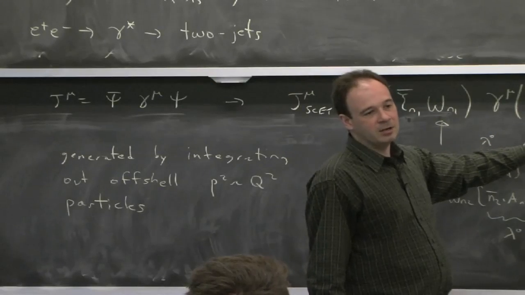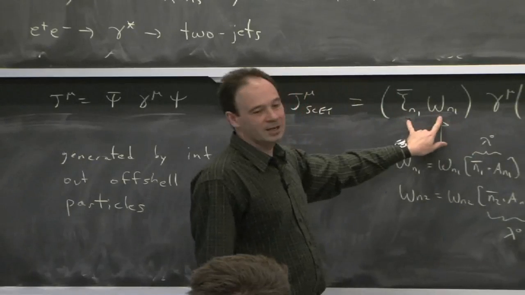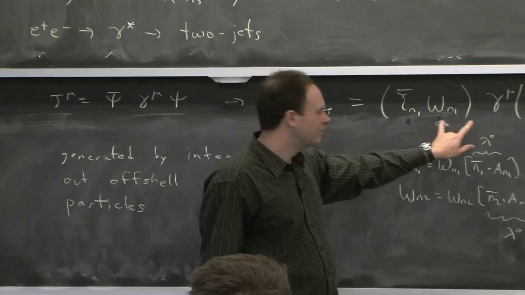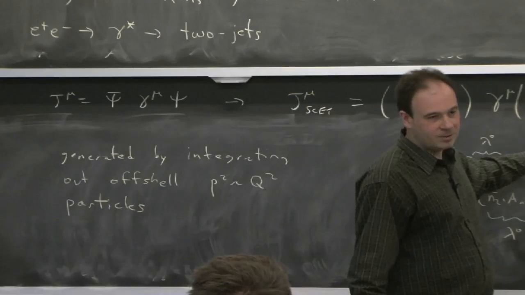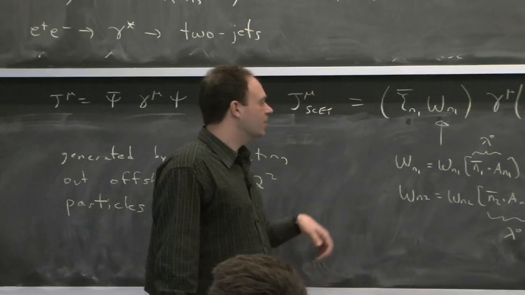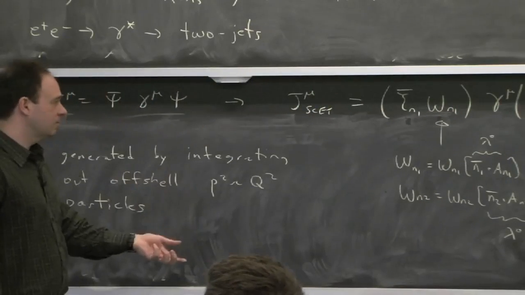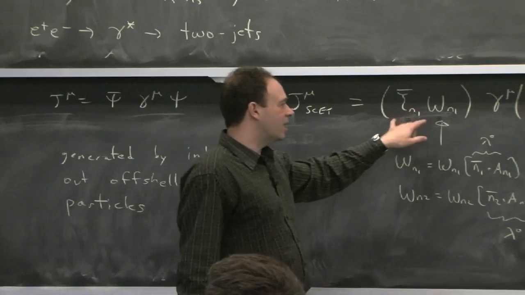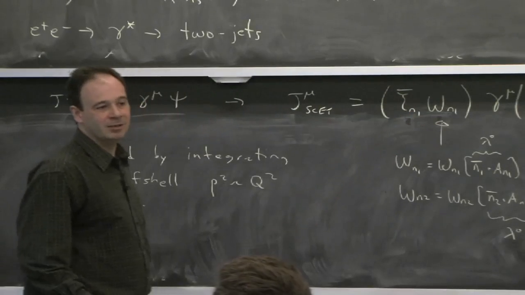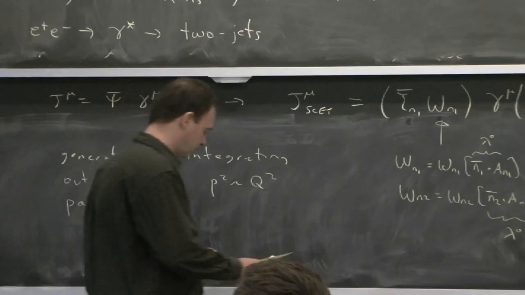And the same thing here. This guy doesn't transform under the n1 collinear gauge transformations, this guy does, so this guy's invariant. This guy's invariant under n2 collinear gauge transformations. They both transform under ultrasoft gauge transformations, so they get connected in that way. And again, if you just think about gauge symmetry and how it should come out, you would have guessed that it should be this. But you can also derive it this way.